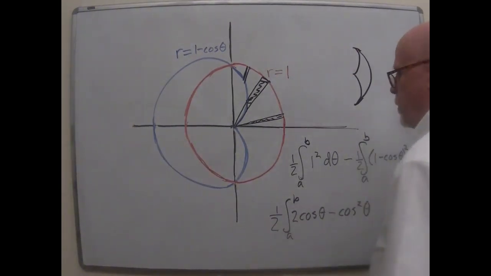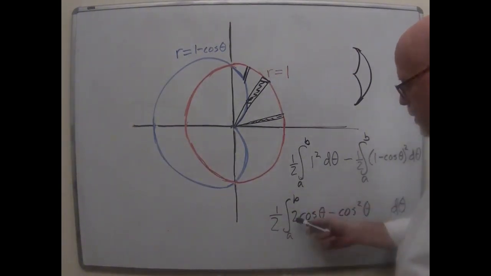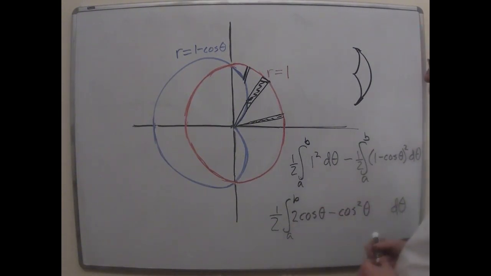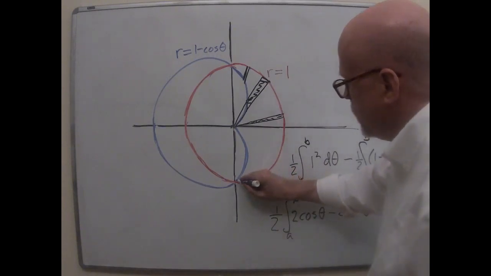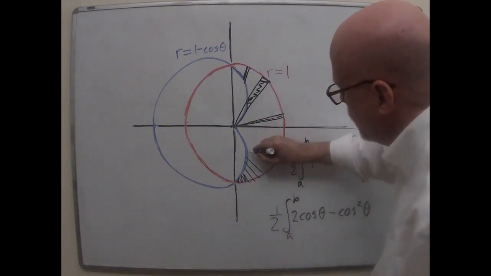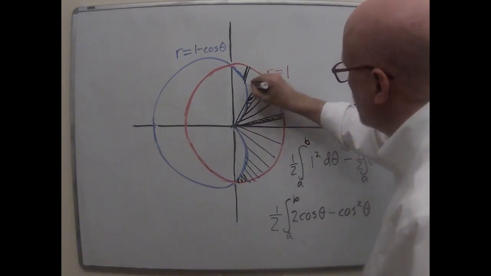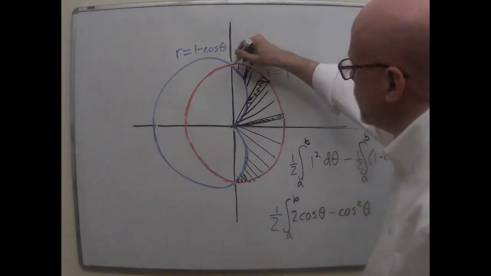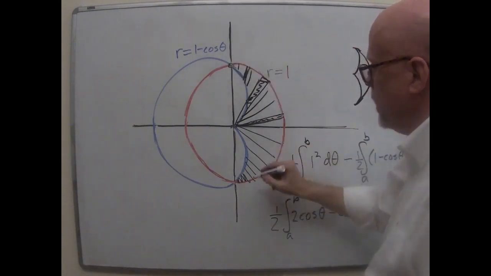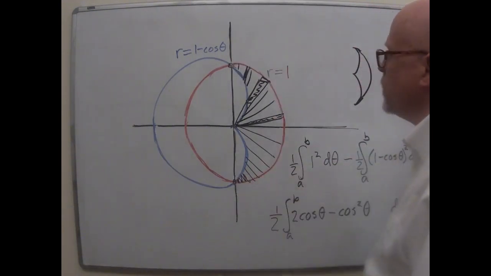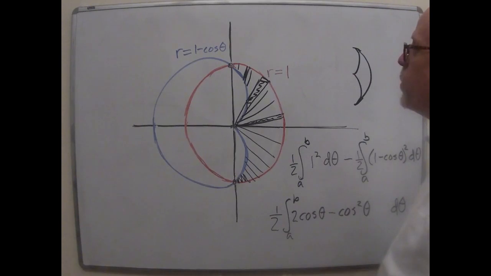I guess before I go too much farther, I'd better say what the limits on the integration are going to be. We're trying to get a region that starts off over here and goes all the way around and then ends up here. It's basically asking how to find the points of intersection of the two curves. This one, it's visual.